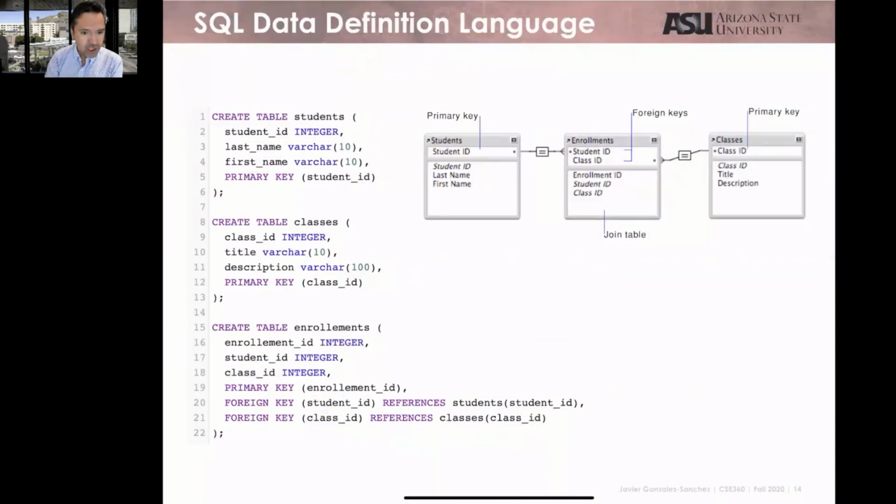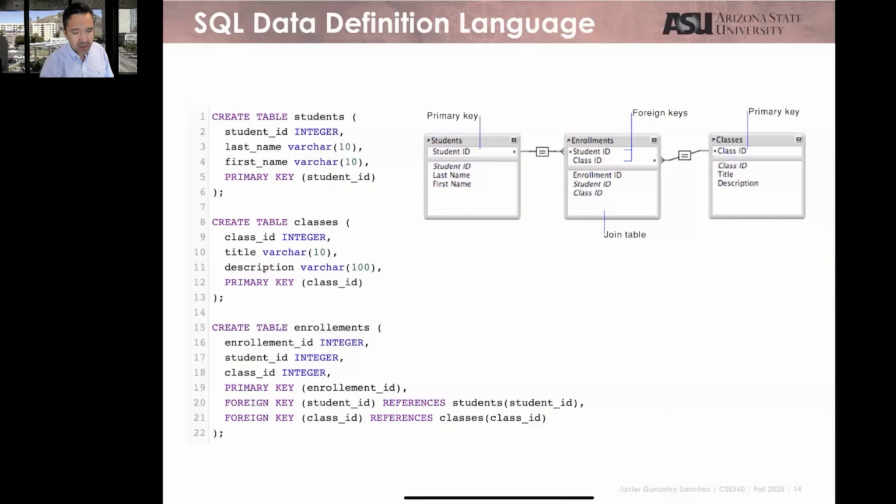So, obviously, I cannot teach you a new language in 1 hour, but hopefully you read this and it's clear the instruction to create the tables, how to create the columns, name and data type, and moreover, how to define the restriction for primary key and foreign key. Inside of the same instruction table, primary key, foreign key. For the primary key, the only thing that you need to do is to tell the computer which is the name of the column that is going to be the primary key.